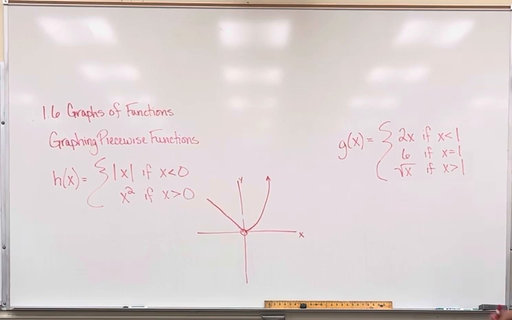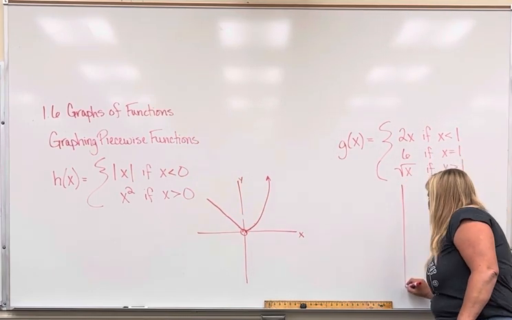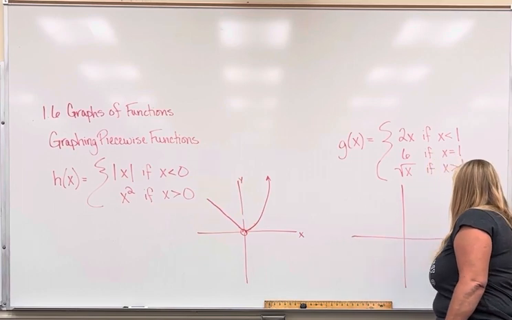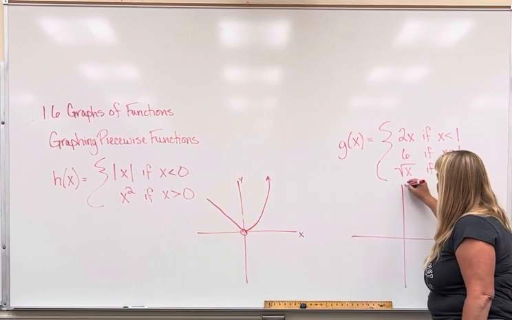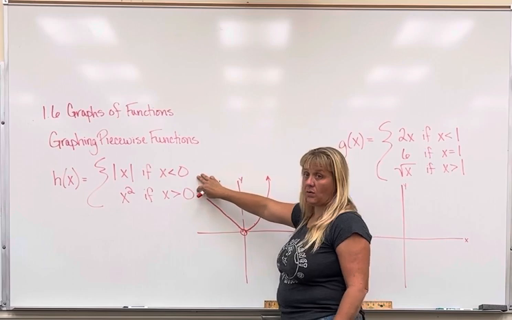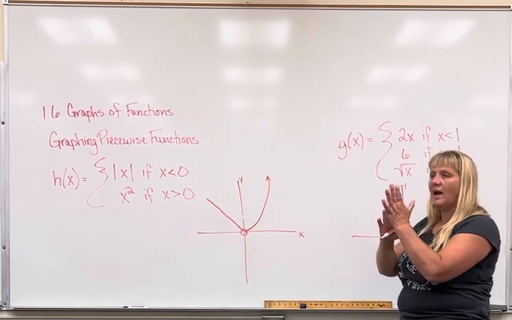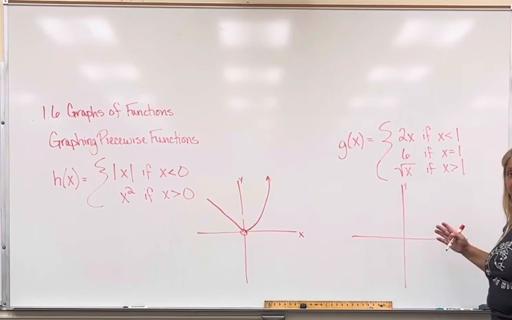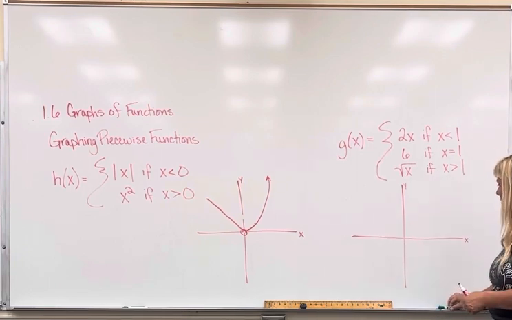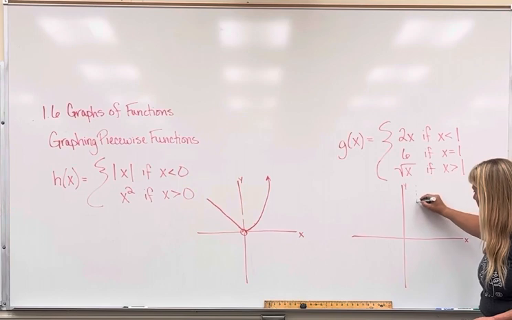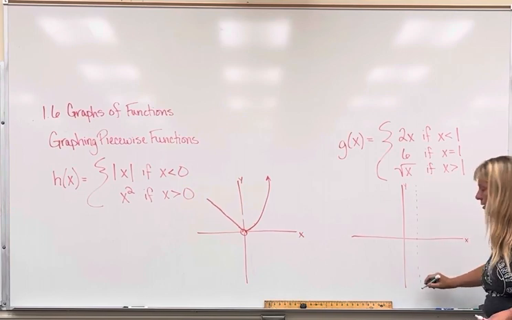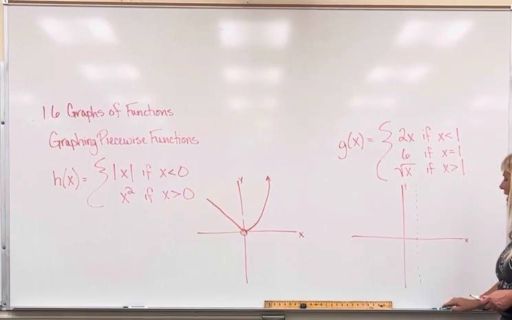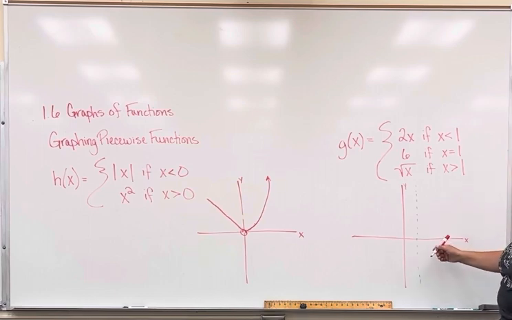Okie dokie. So a little bit more to this one. Now the first part that makes this ugly is that instead of having your boundary or your changeover at 0, I've put it off kilter a little bit. So there's actually the change happening here instead. And when that happens, sometimes it's a little bit harder to figure out.